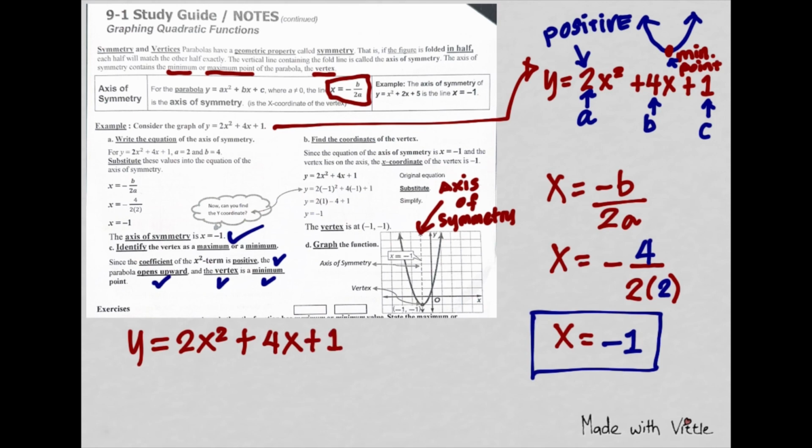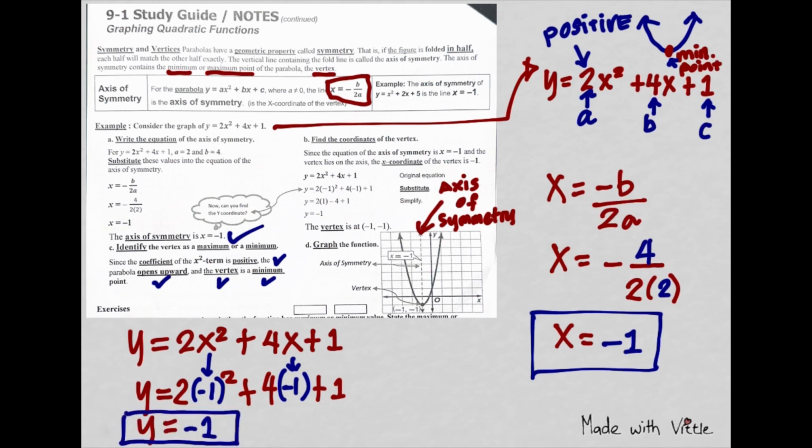Now substitute the x with negative 1. Enter the expression in your calculator or Desmos online. The y value is negative 1. The vertex is at negative 1, negative 1.